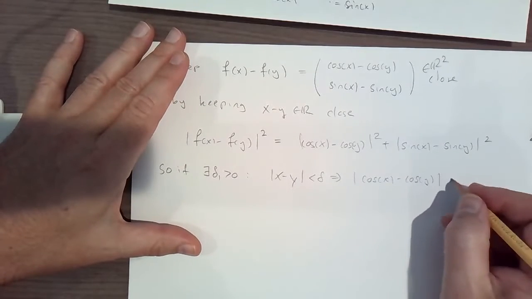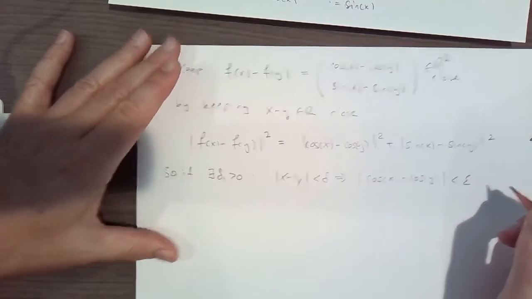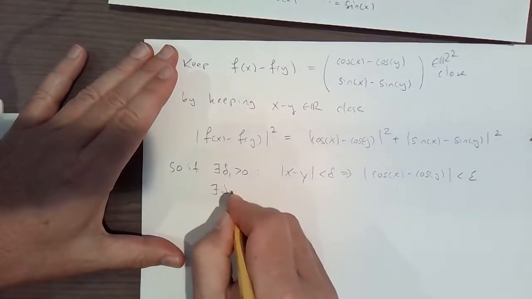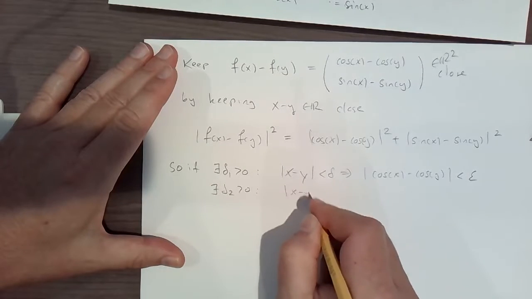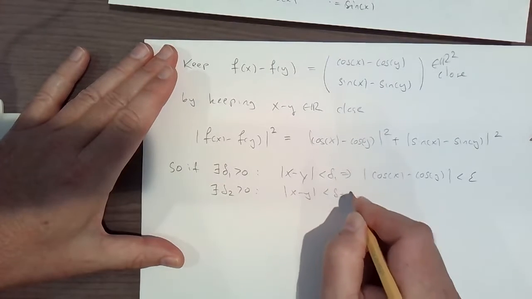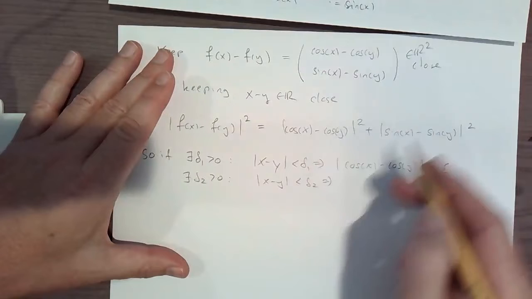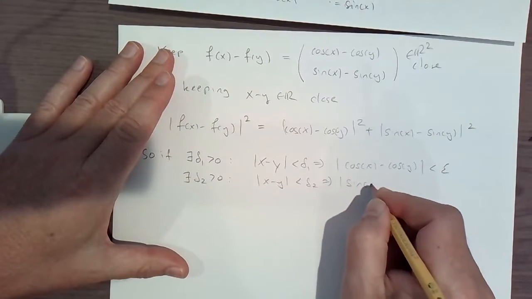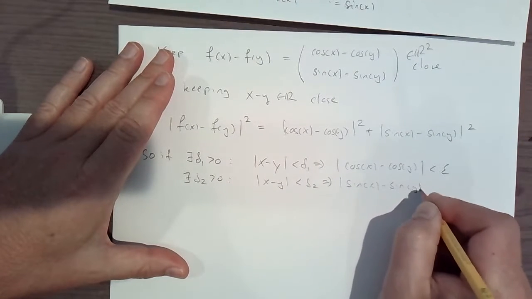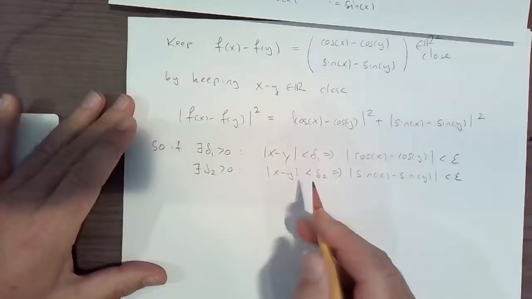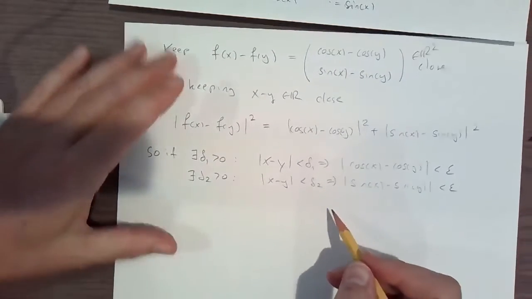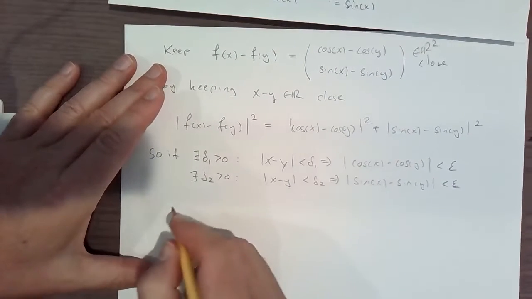This is less than epsilon. And if there exists a delta 2 such that |x - y| < delta 2 implies that the sine values are close to each other, then how would I go about creating a delta?